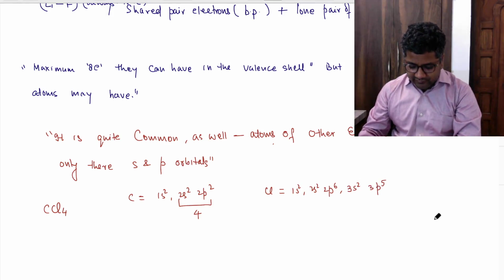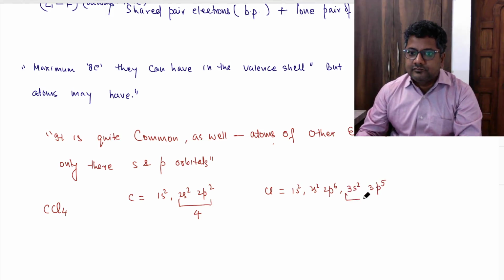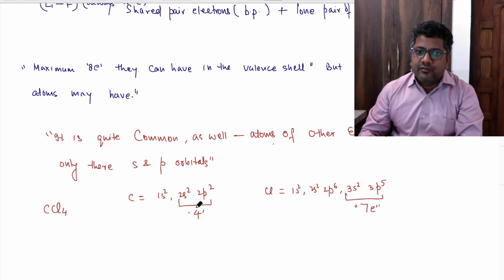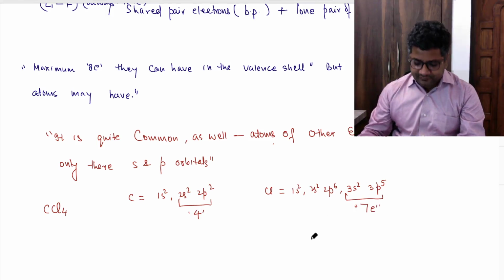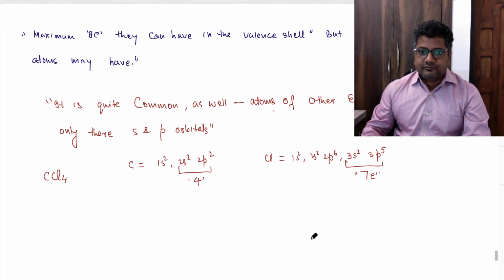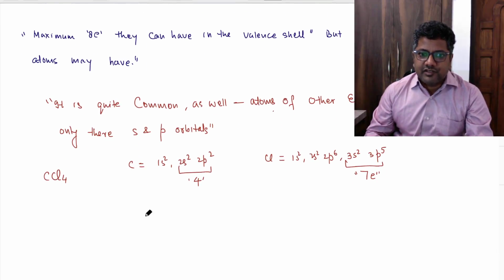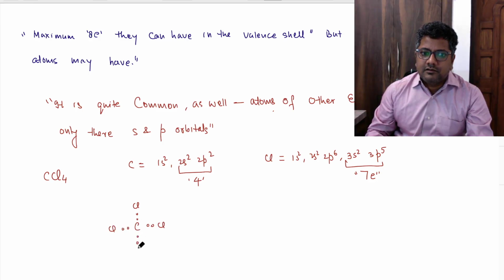Right? So how many valence electrons are there? 7 electrons in the valence shell, and here 4 electrons in the valence shell. Right? So carbon and chlorine, they can share 1 electron from each other. So this could be the structure, right?